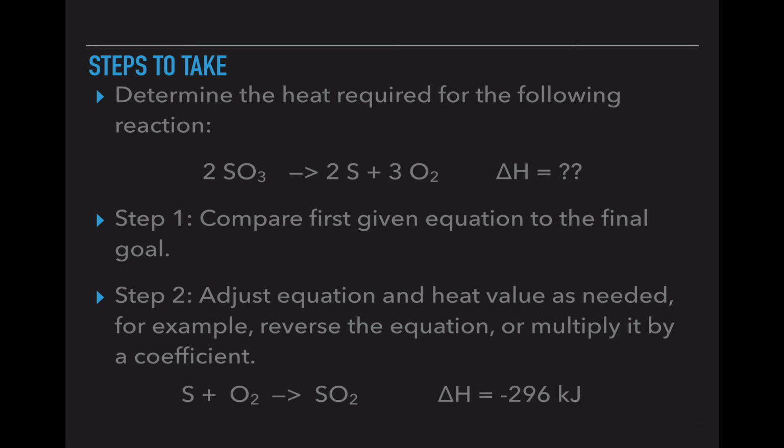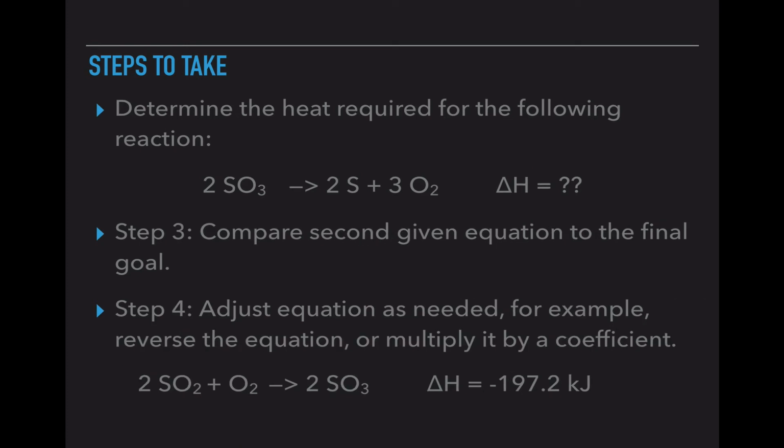Now step 3 is do it all over again with the second equation. So now we're going to look at the second equation, and we have SO3 after the arrow, but in our final goal, SO3 is at the beginning of the arrow. So for this one, I'm going to flip it. So here's my arrow.